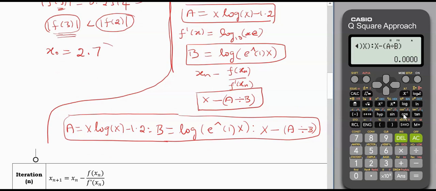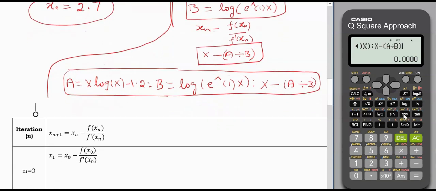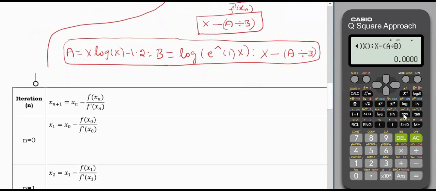Now initial approximation value x naught is 2.7. We'll calculate the value of x1. So when n is equal to 0, we have x1 is equal to x naught minus f of x naught divided by f dash of x naught from this formula.